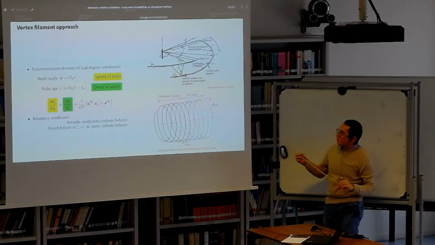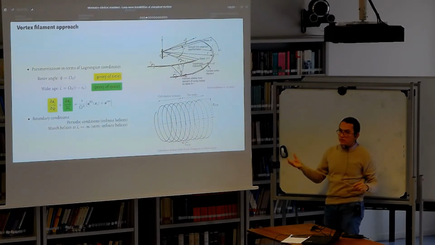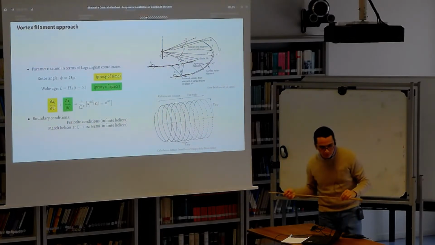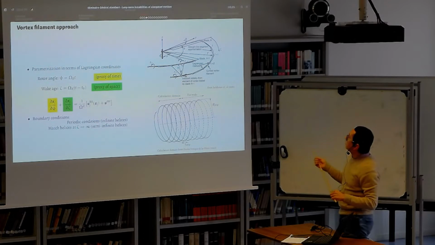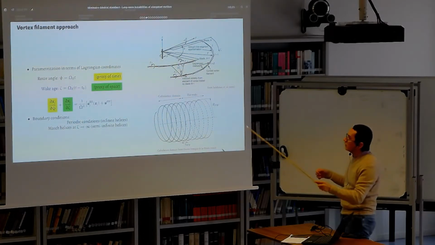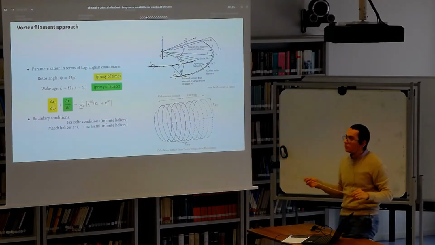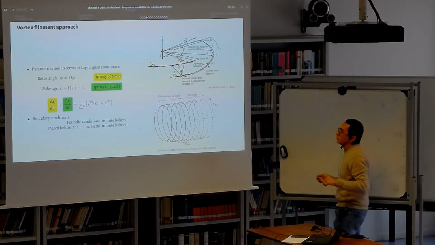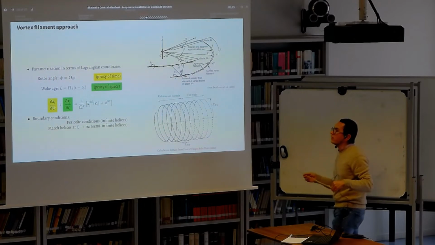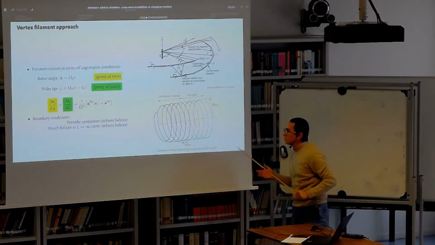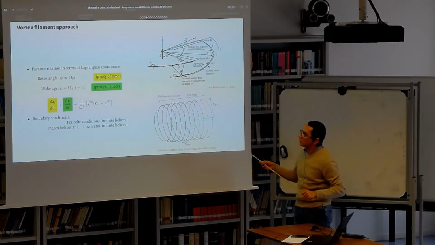So it is related to the age of the vortex. In practical terms, this means that the variable psi is used as a proxy of time, and the variable theta is a proxy of space, and we can obtain our dynamical equation in this way.